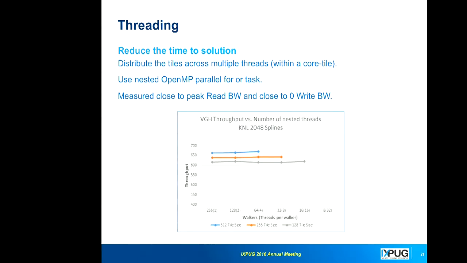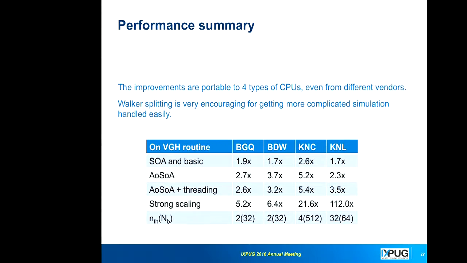By enabling this, we found the measured read bandwidth almost reached the peak of the high bandwidth memory, and the write bandwidth goes almost to 0, meaning everything is cached well. So this is the final list of all the performance speedups.